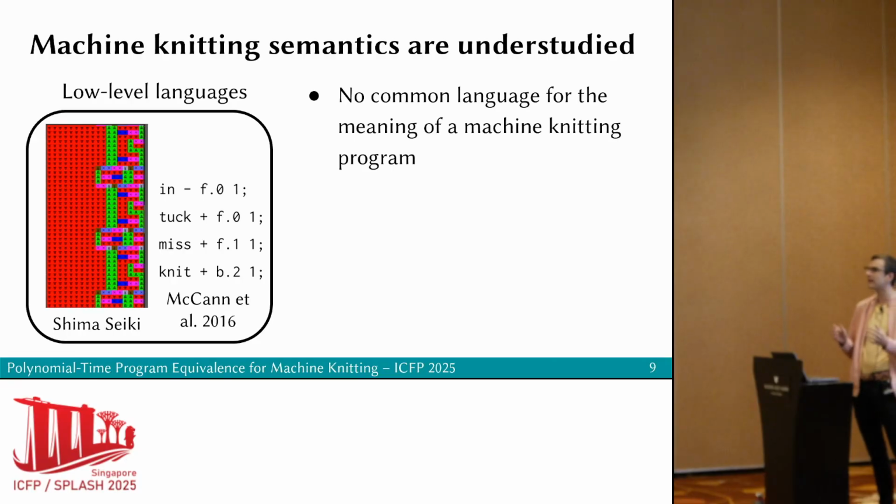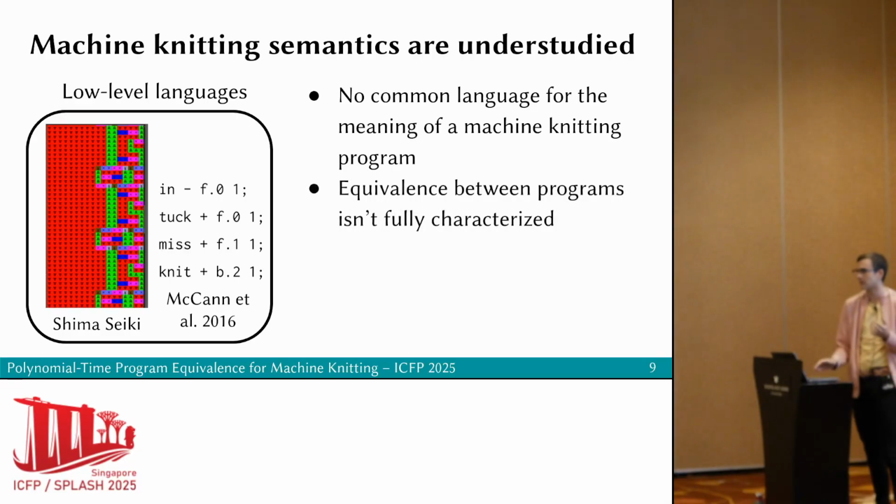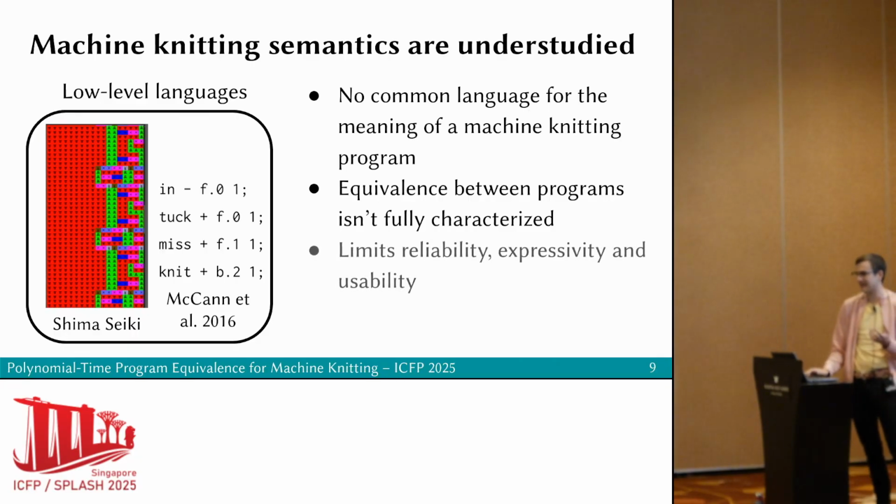So as a design is compiled into those low level operations, there's no notion of program meaning to consult. Because these equivalences aren't well understood, the compilers are quite conservative in the optimizations they can make. Additionally, they can contain bugs, and the high-level design tools often purposefully limit the expressivity of the garments they can create just because of the difficulty of effective program analysis to compile down to operations correctly.